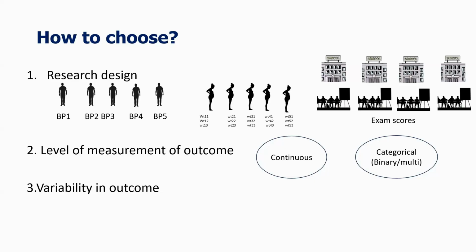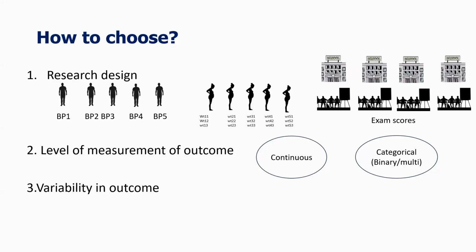In the first design, we generally use regression techniques that assume that the outcome values that we observed are independent of each other. In the second case, there is a correlation between the outcome values within each participant.